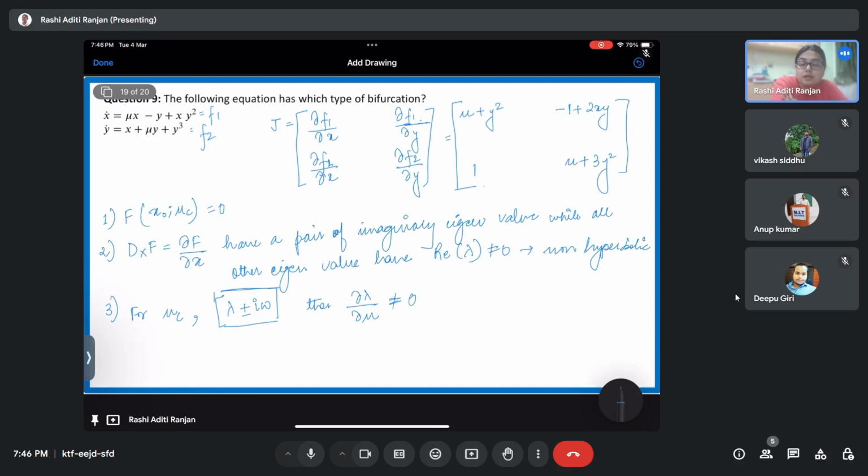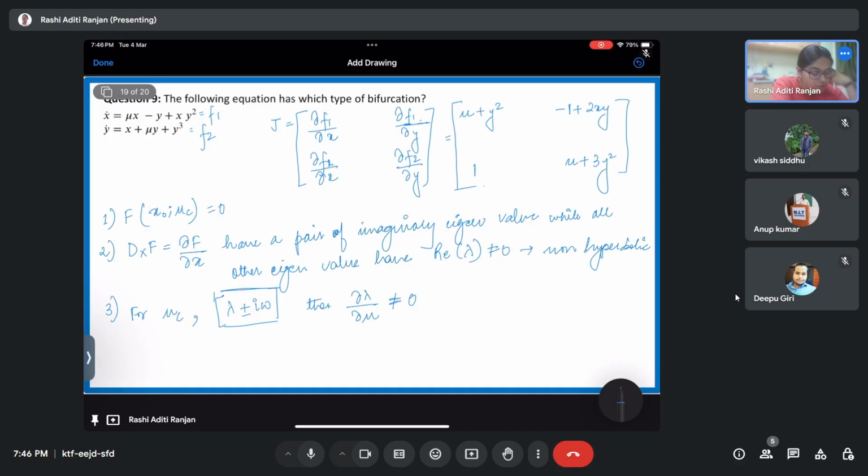Yes, that was the transversality condition, which needs to be satisfied. So these three conditions were important for the dynamic bifurcation, or the Hopf bifurcation, to occur. Okay, so I'll try to compare my equations with this. Let us see if the Hopf bifurcation occurs.